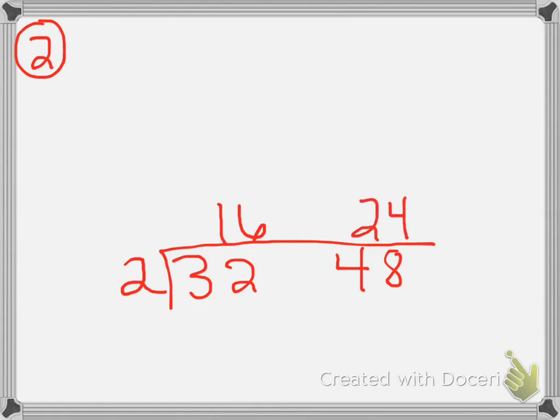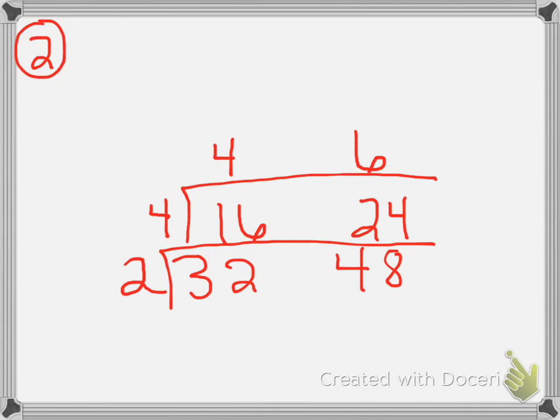Now again, both of these are even numbers, but let's go a little bigger than 2 this time. 16 and 24 have a common factor of 4. 4 can go into 16 4 times. 4 will go into 24 6 times.